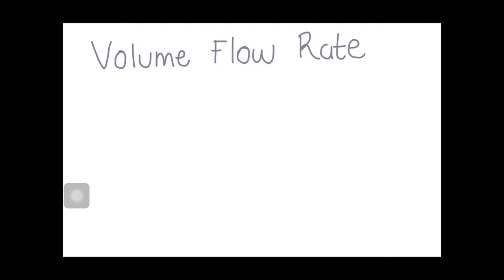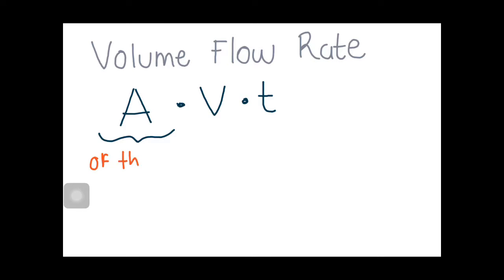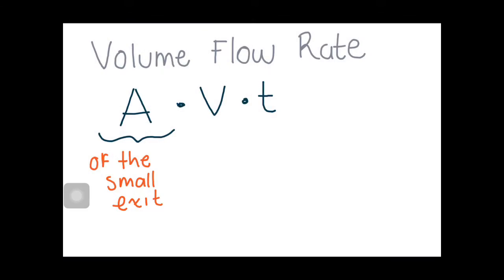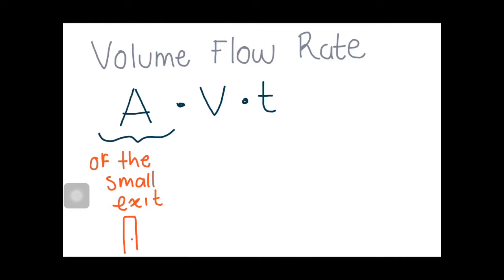This is the volume that decreases in a certain period of time, and the formula is the area of the small exit multiplied by the velocity, that is the exit speed, and the time.